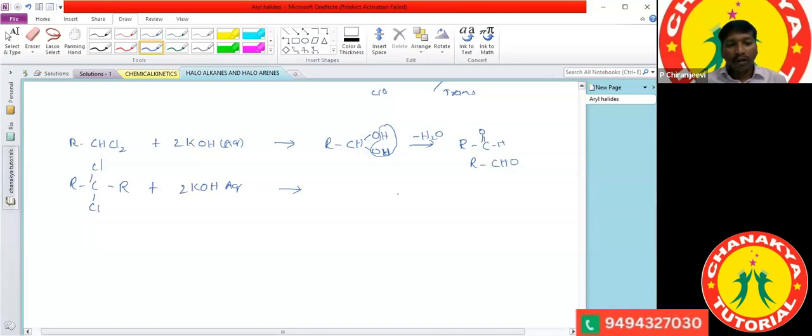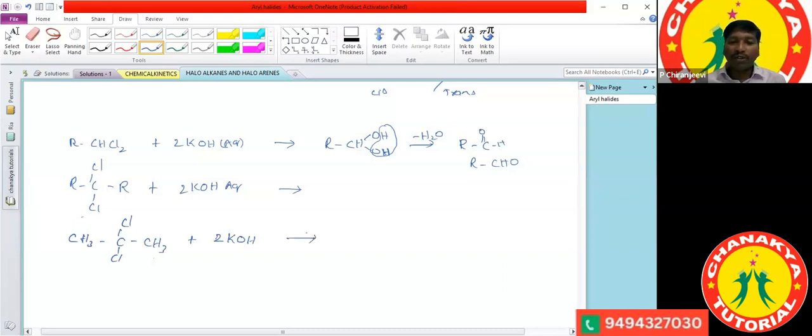Now, for example, clearly, if you are not getting the idea, directly I'll write CH3-C-Cl-Cl-CH3. So what is the name of this one? 2,2-dichloropropane.